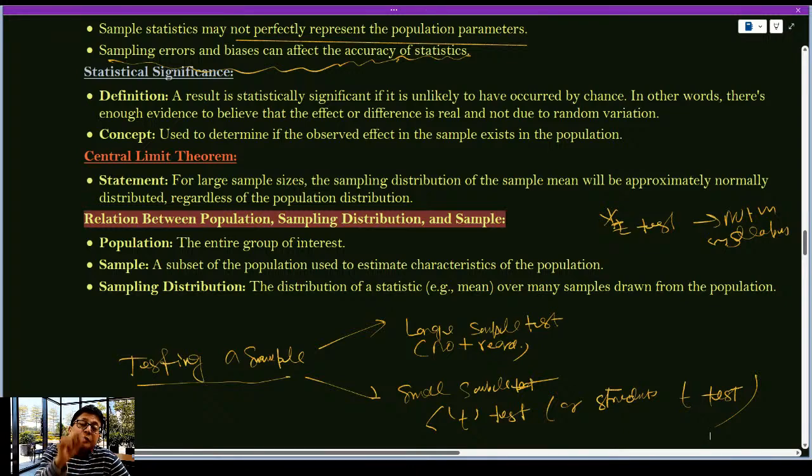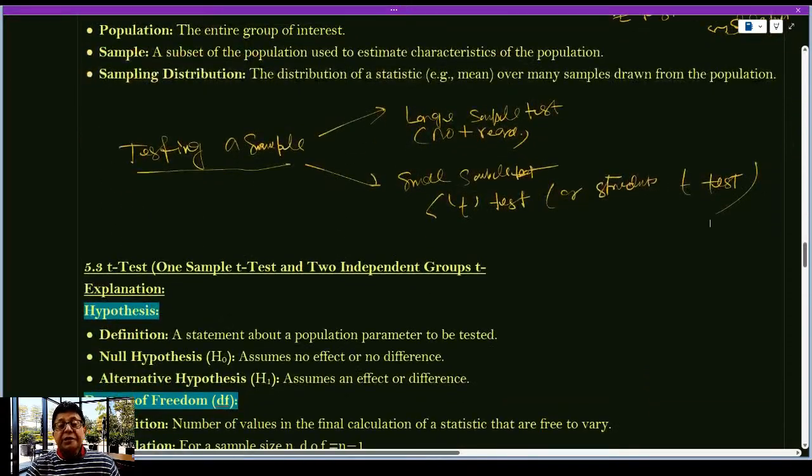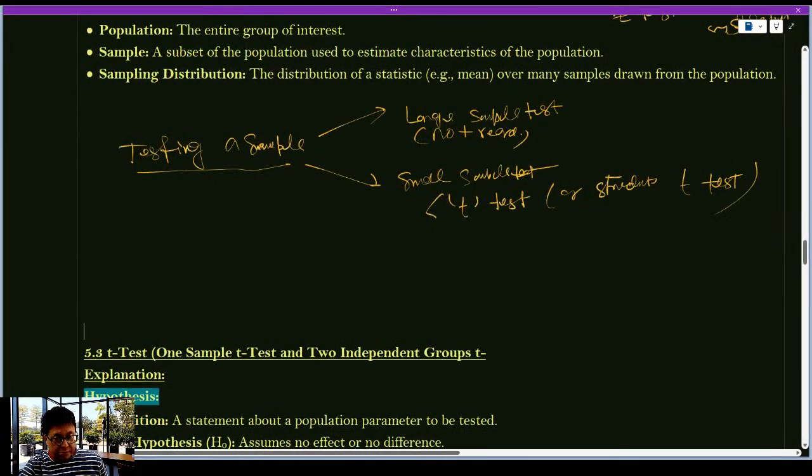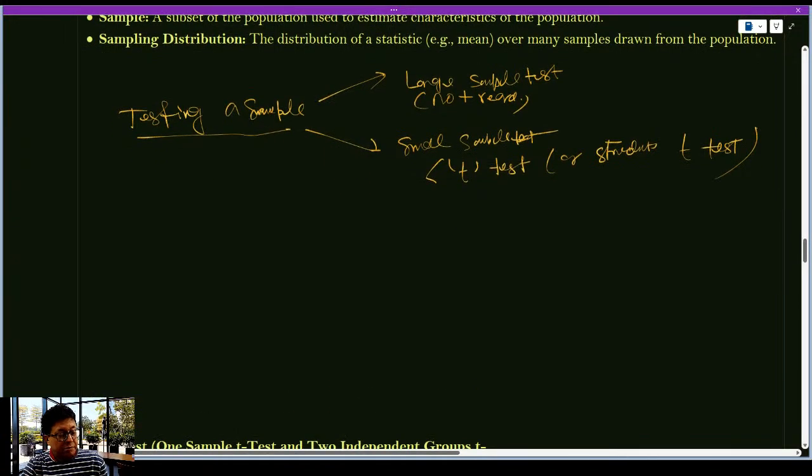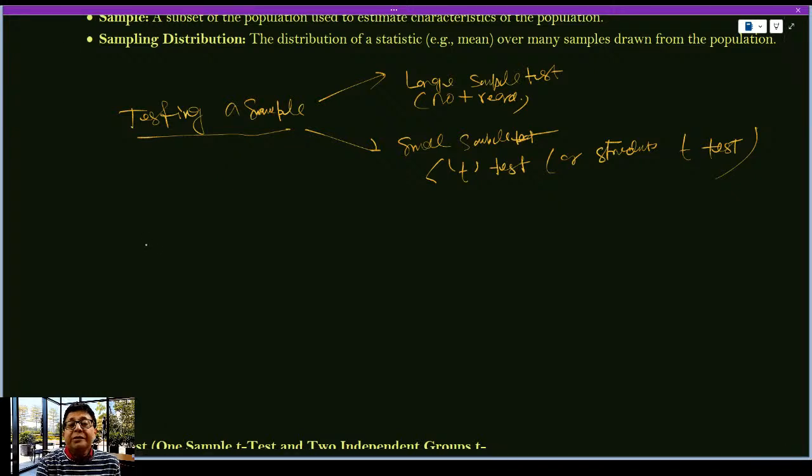Because basically we draw conclusions there by knowing this and another topic called degrees of freedom. Okay? That we'll do later, but before that, let me tell you, this small subset we are doing by the t-test.